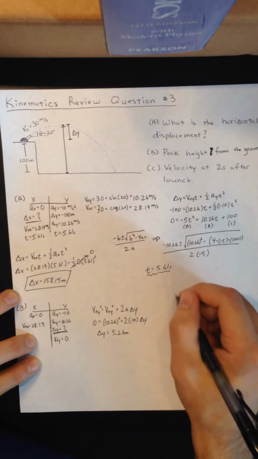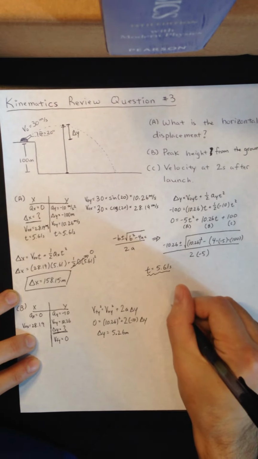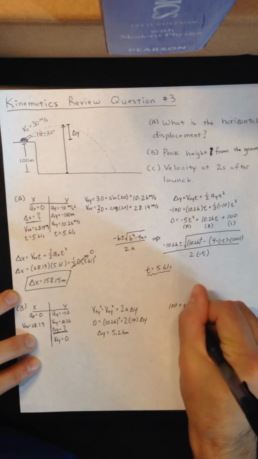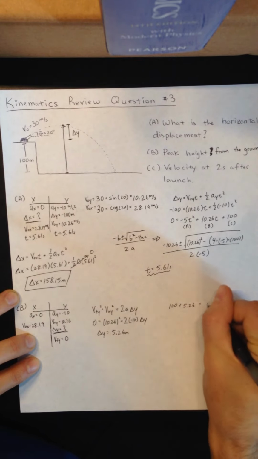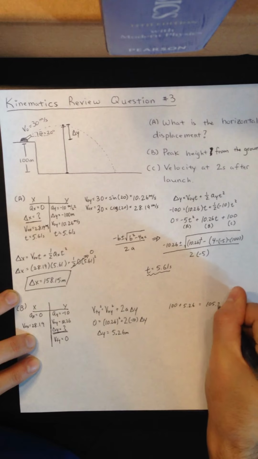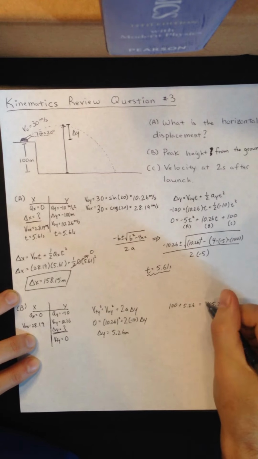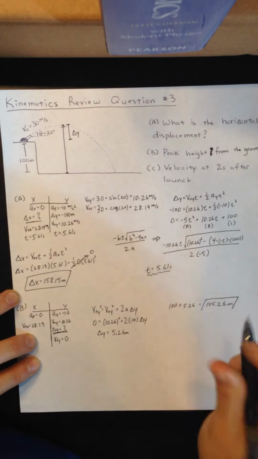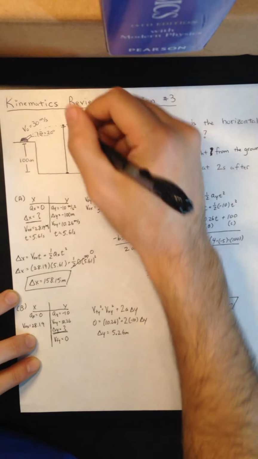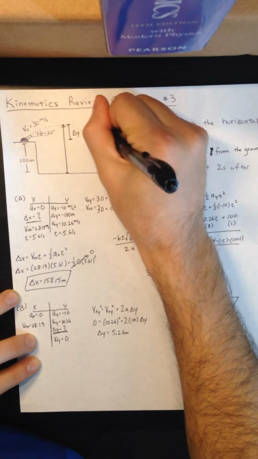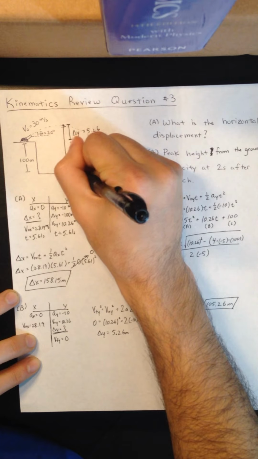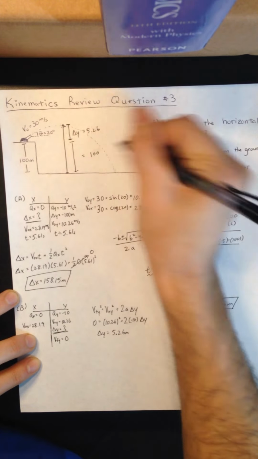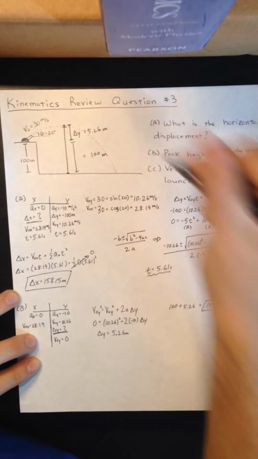So what we end up having to do is add that 100 meters. 100 plus 5.26 equals 105.26 meters. And this is how high it is off the ground. Over here is 5.26. Over here is 100.